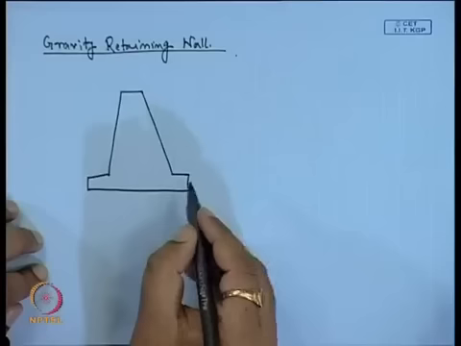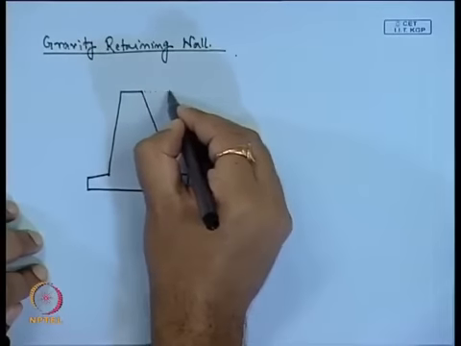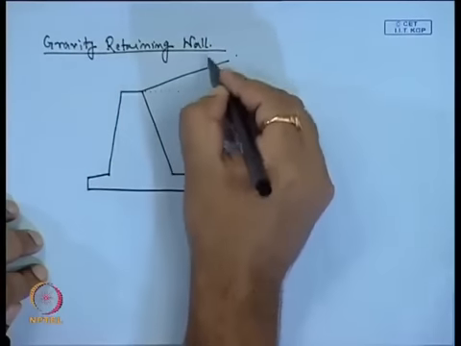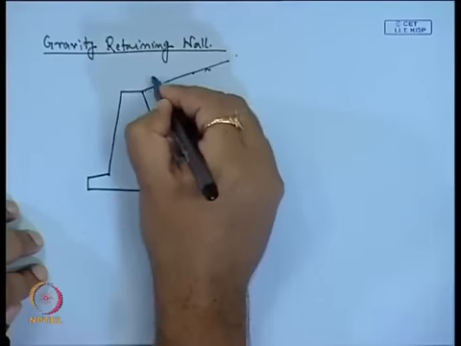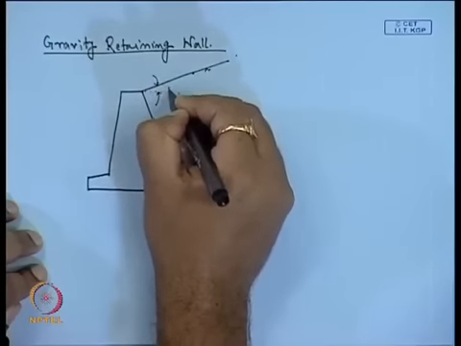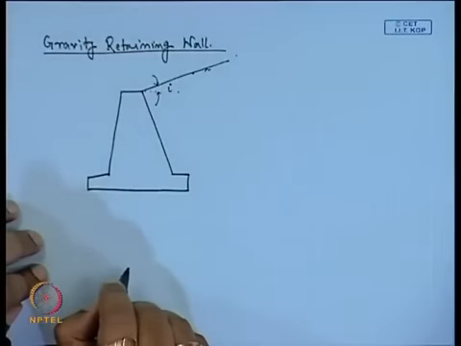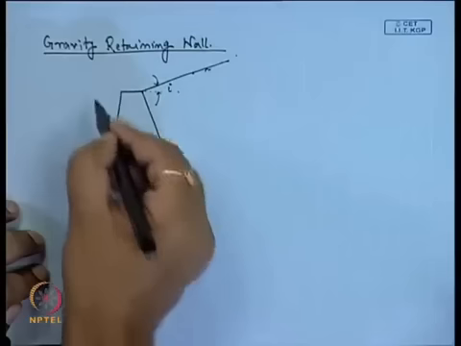This is a gravity retaining wall, and this is the ground surface, which is inclined at angle I with the horizontal surface.